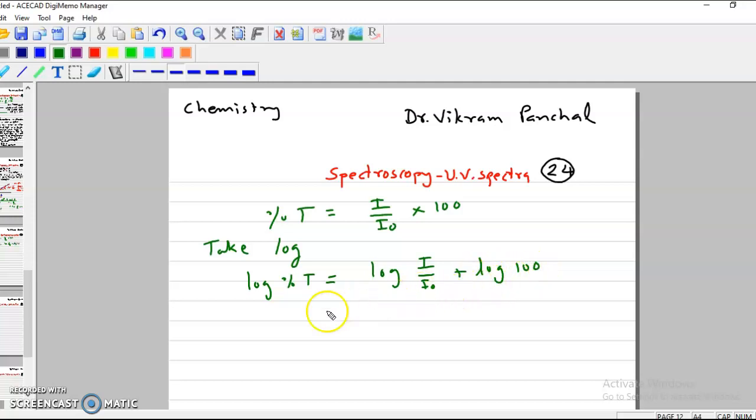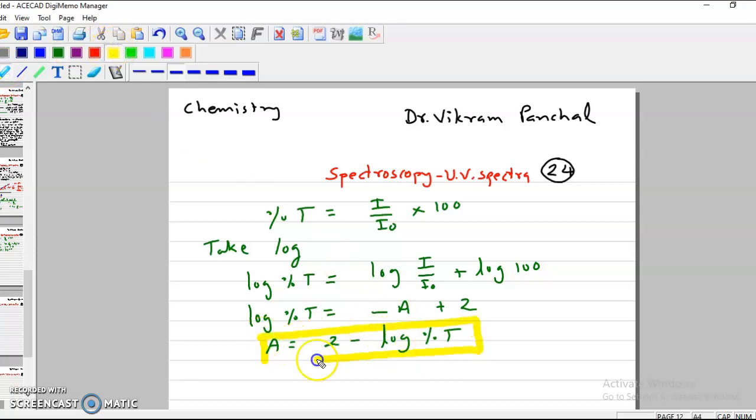You know log 100 is equal to 2. So log percentage transmittance is equal to minus A plus 2, because absorbance is equal to log I0 upon I, and therefore A is equal to 2 minus log percentage transmittance. So this way we can find absorbance if you know percentage transmittance, or you can find percentage transmittance if you know absorbance.